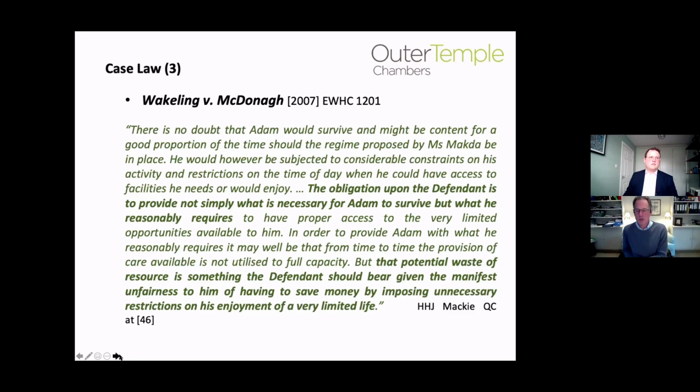And what the judge said, as one can see from the extract, is that potential waste of resource is something the defendant should bear, given the manifest unfairness of him having to save money by imposing unnecessary restrictions on his enjoyment of a very limited life. So again, the balance in that case was in favour, by reference to quality of life issues, of having full double up care.